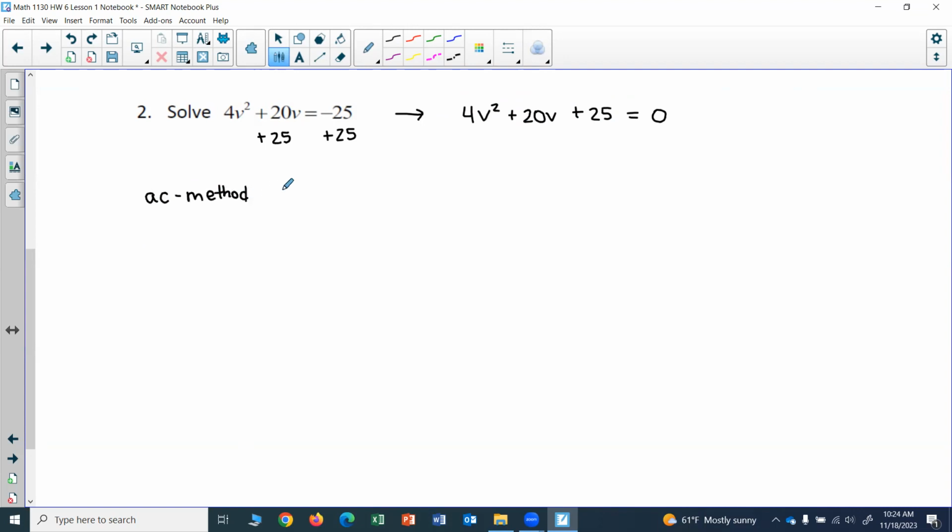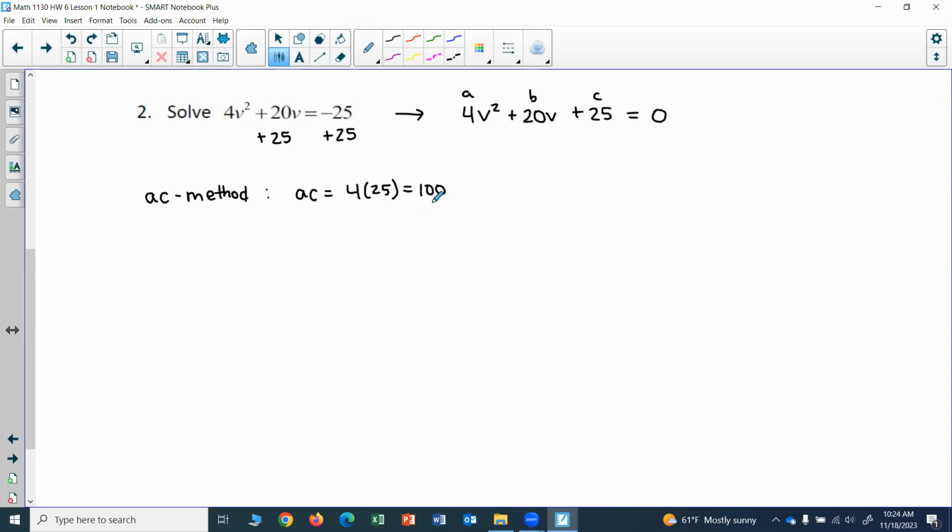The AC method says that I want to multiply A times C together. A is 4, B is 20, and C is 25. So A times C would be 4 times 25, which is 100.